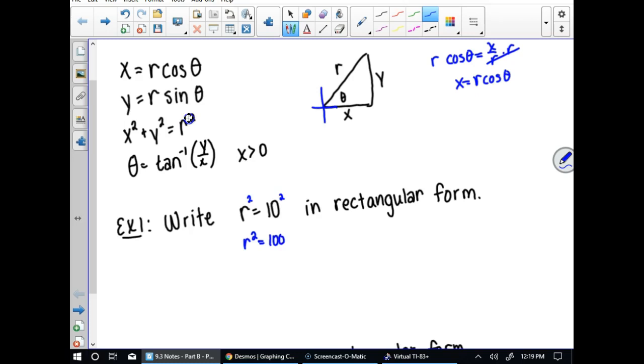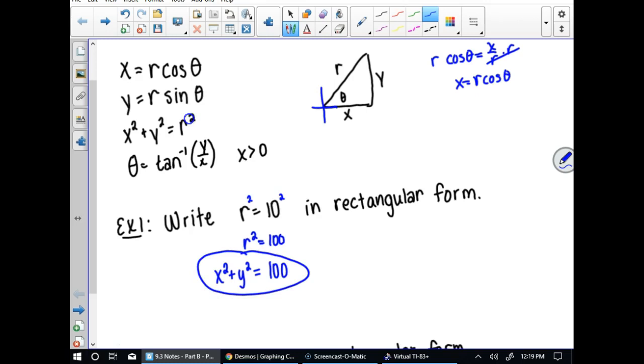And what does R squared equal? X squared plus Y squared. So now I could replace R squared with X squared plus Y squared. So X squared plus Y squared equals 100. And this is your answer. And typically it's left in this form.